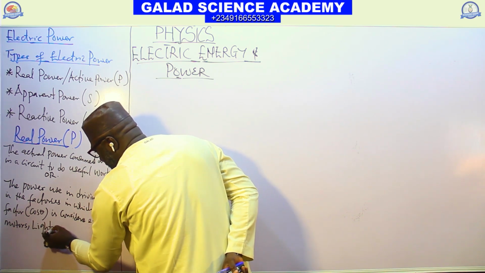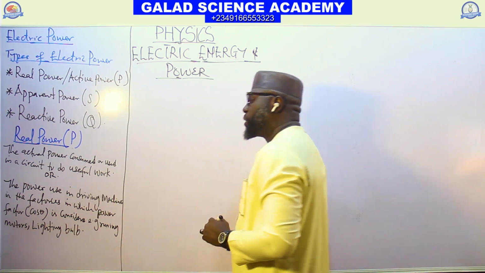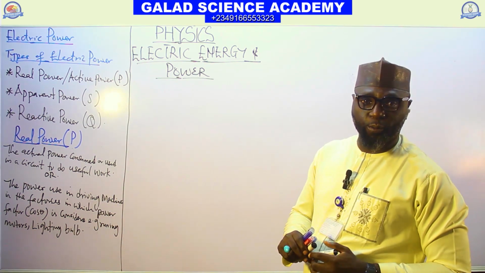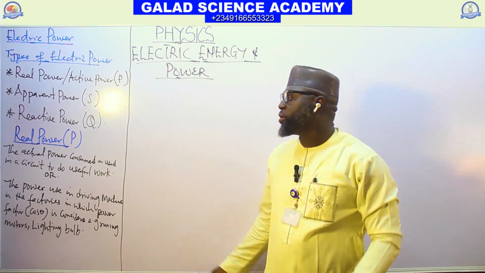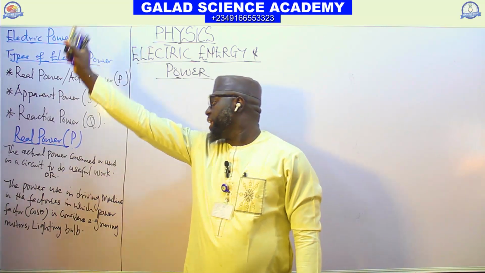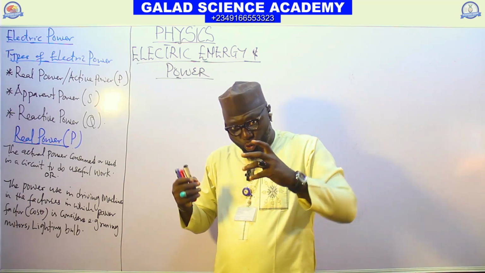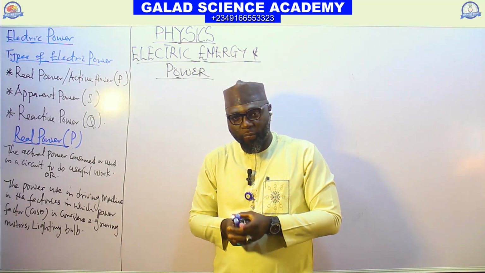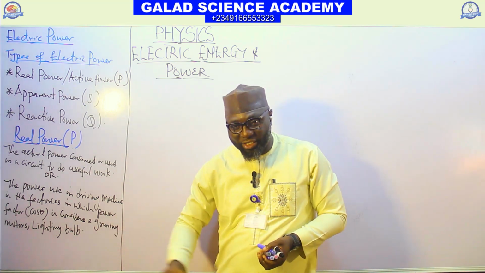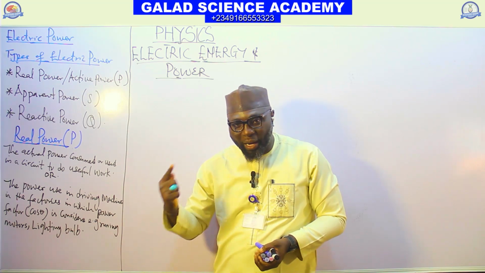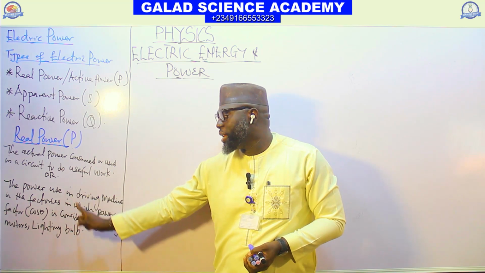Or a lighting bulb. The power consumed by this electric bulb we call real power. Real power is the actual power consumed by a circuit. Or if an electric motor is driving, the power consumed by driving the rotor of the motor is called real power.